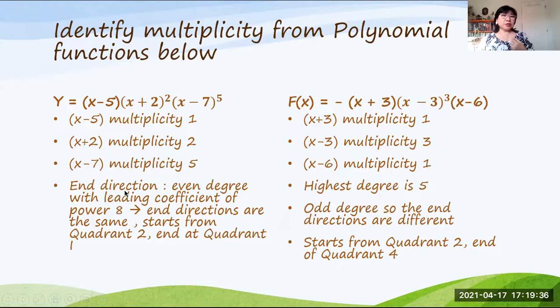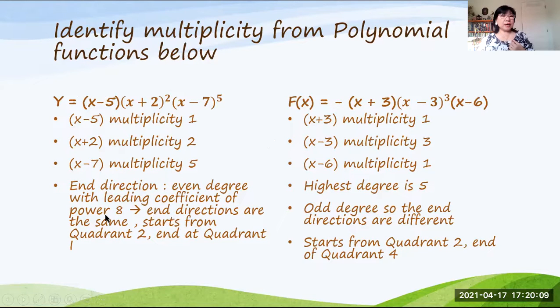So the end direction, I'm talking about here the end direction, is even degree with a positive leading coefficient of power 8. This function has a highest degree of x to the power 8. And why? We can count: 1 plus 2 is 3, plus 5 here is 8. That's why when you multiply the x's together here, the highest degree power of x is x to the power 8.